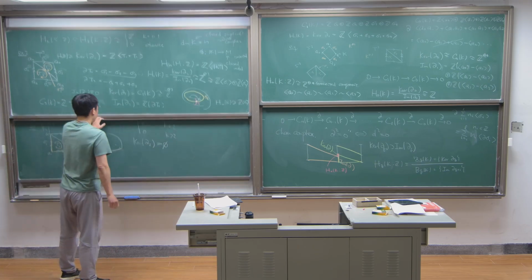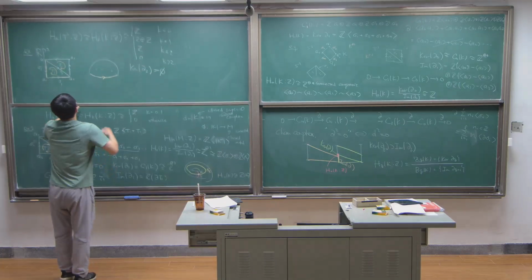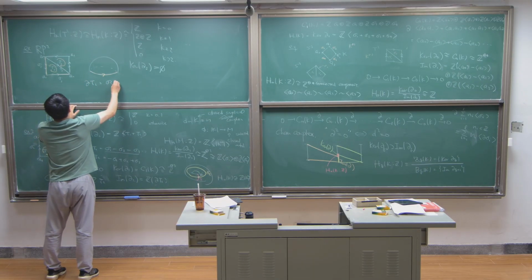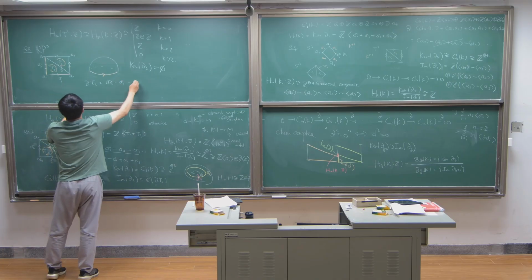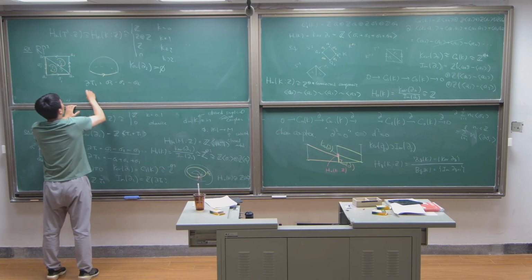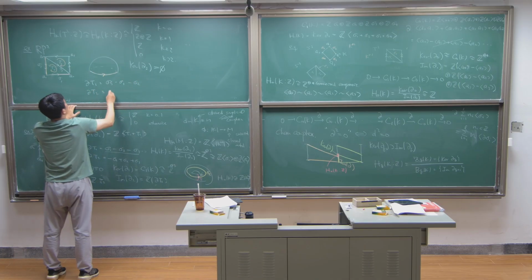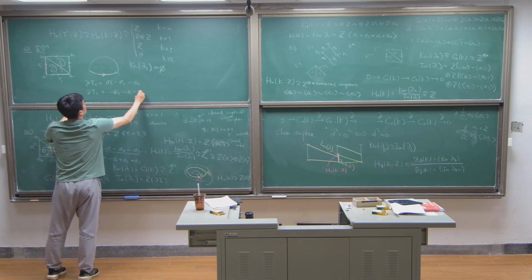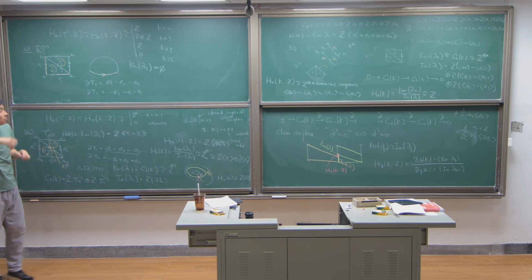Let's look at it. Boundary of tau 1 is sigma 3 minus sigma 1 minus sigma 2, and boundary of tau 2 is equal to minus sigma 3 minus sigma 1 minus sigma 2. There's no way to get 0.